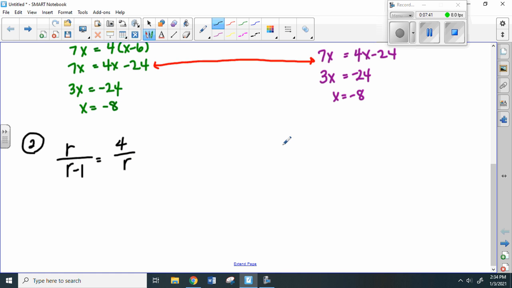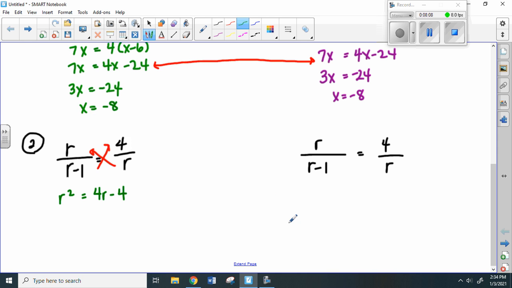All right, again, I'm going to write the equation down twice because we're going to do it the old way and the new way. So the old way says let's cross multiply. This one would give us r times r. And then, of course, 4 times r minus 1. If you're comfortable distributing before you write that down, feel free.